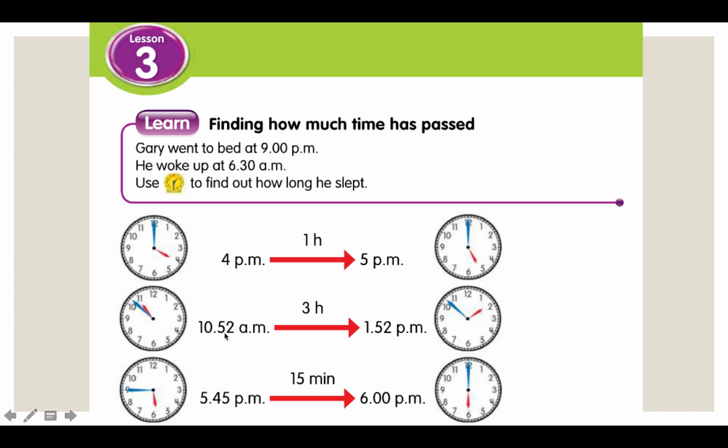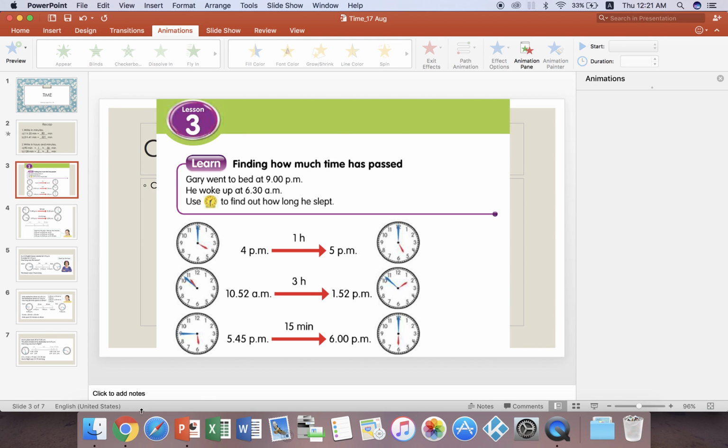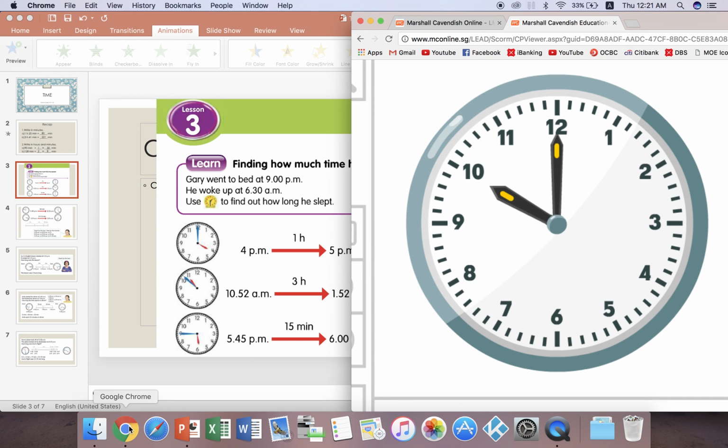So if this is 10 a.m. in the morning, you will go to 1 p.m. This time is slightly after your dismissal time, whereas this 10:52 is slightly after your recess. Now let us look at the clock. This is 10 o'clock.